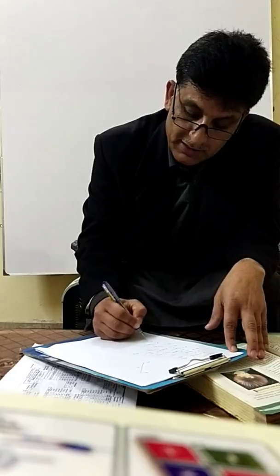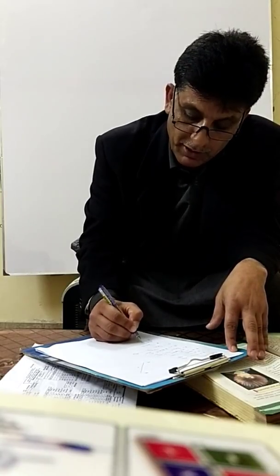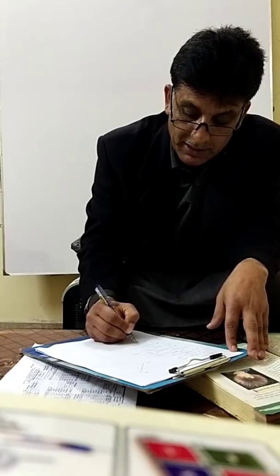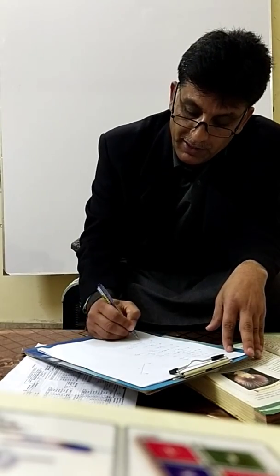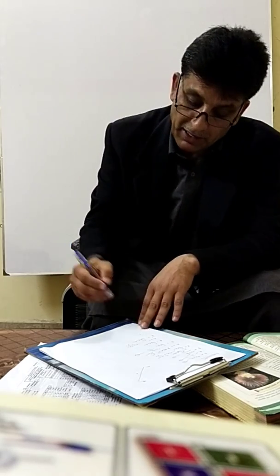Under this condition, say the Coulomb force is F prime, and F prime is equal to 1 by 4 pi epsilon naught epsilon R Q1 Q2 divided by R square. Here 1 by 4 pi epsilon naught Q1 Q2 divided by R square is F.